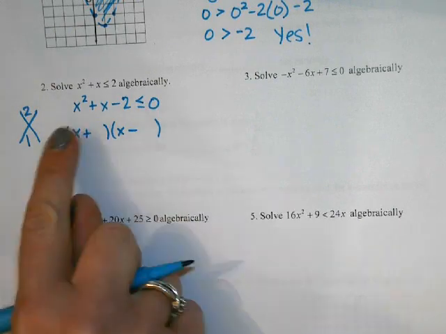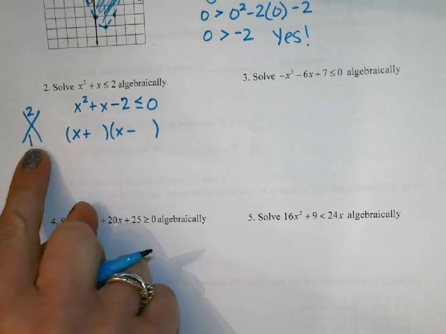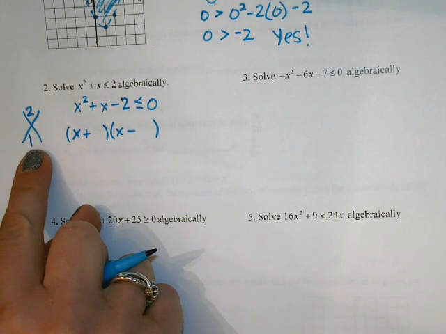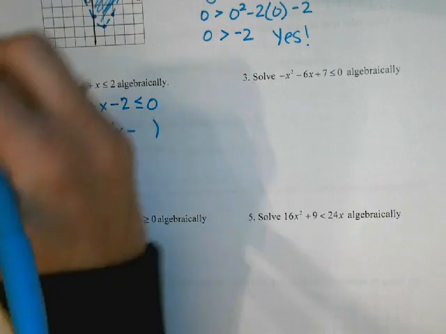Okay, so what 2 numbers multiply to 2 and subtract to give me 1? Perfect. Thanks, Abigail.